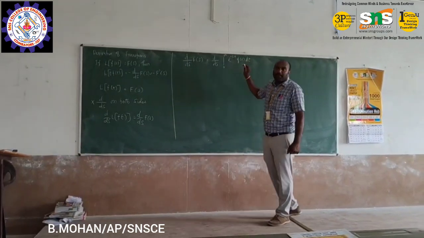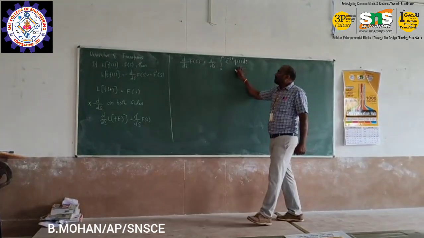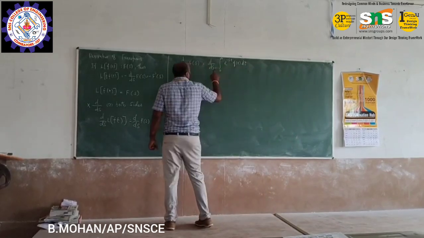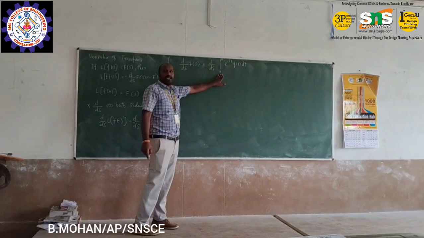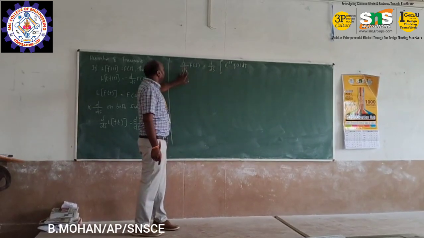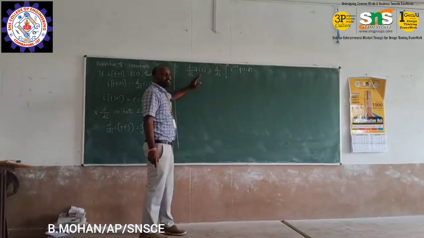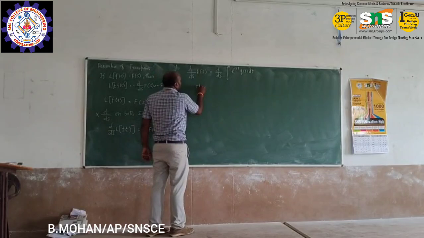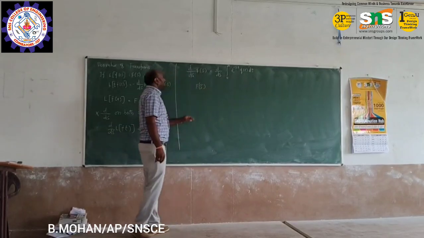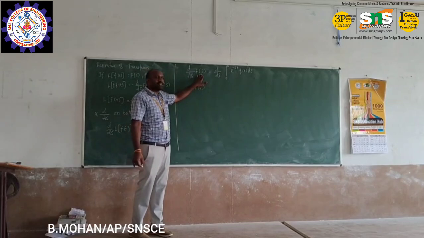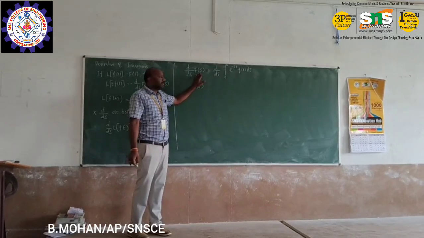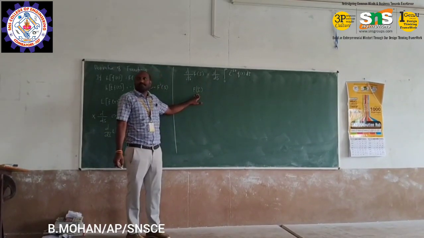This is the Laplace transform formula. So we apply the Laplace transform formula, then we differentiate d by ds. Here d by ds of F of s is called F dash of s, because d by ds is basically the differentiation of F of s.